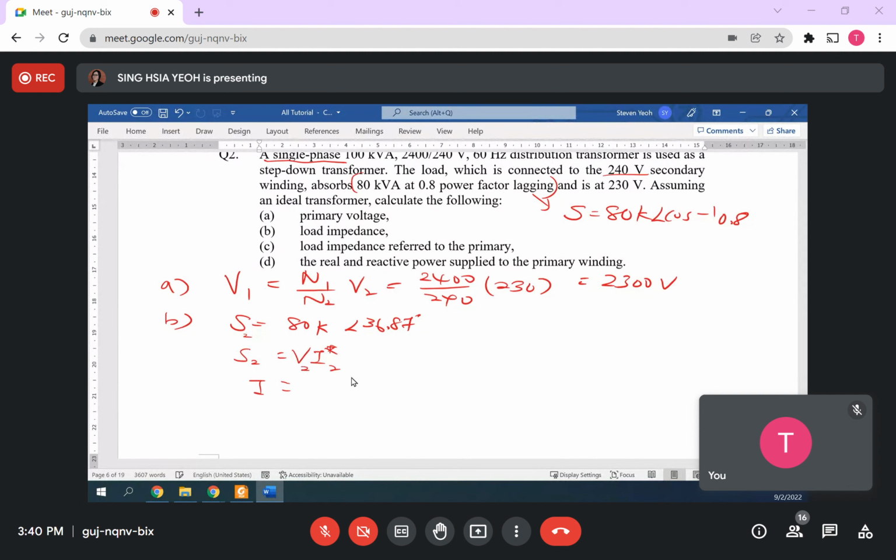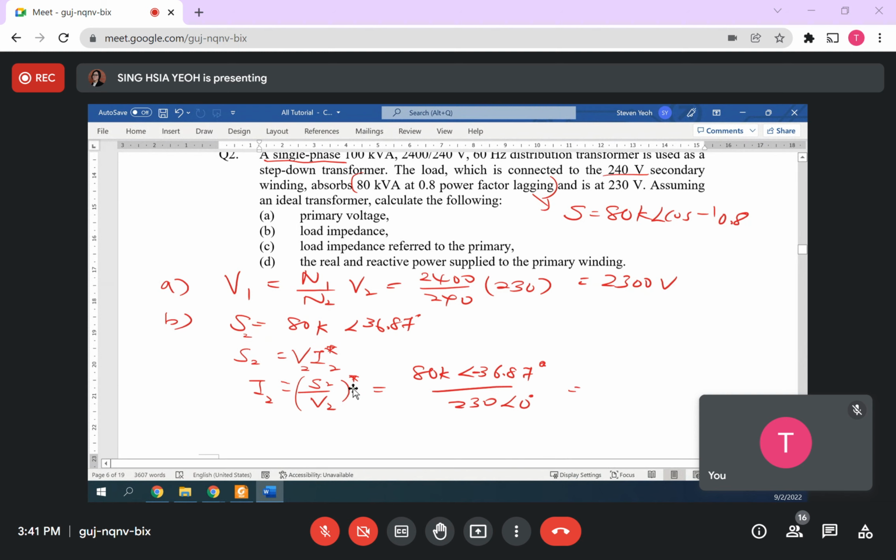I2 equals to S2 over V2. So the conjugate will move here. So means you are going to use 80K angle 36.87 degree divided by V2. V2 is now 230, right? Angle 0 degree. Because I removed the conjugate, so my negative put here. Understand?